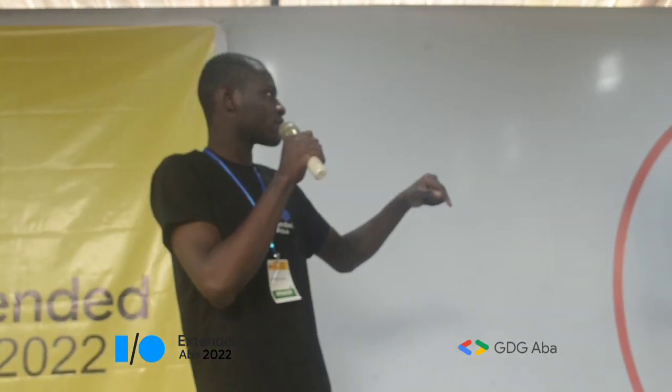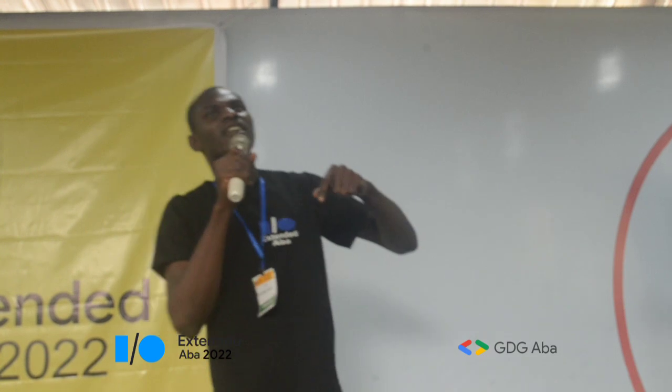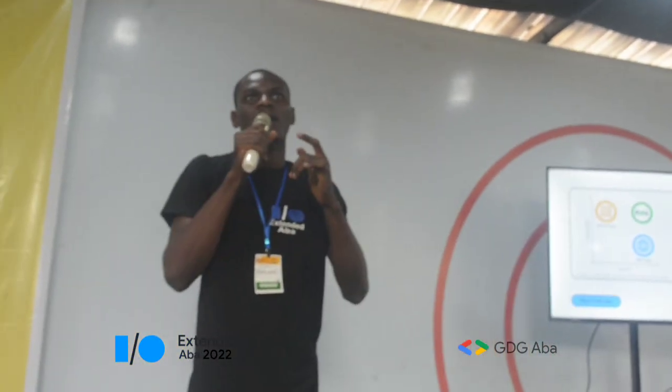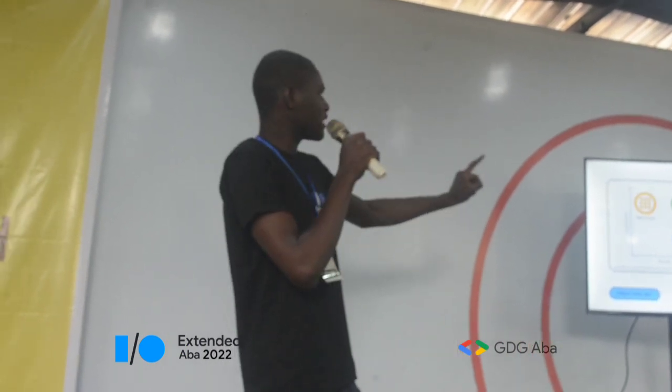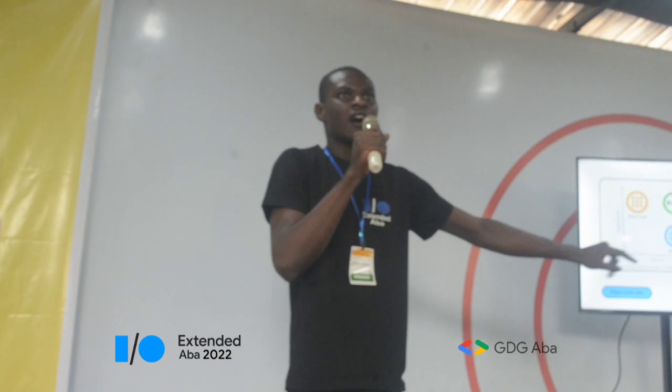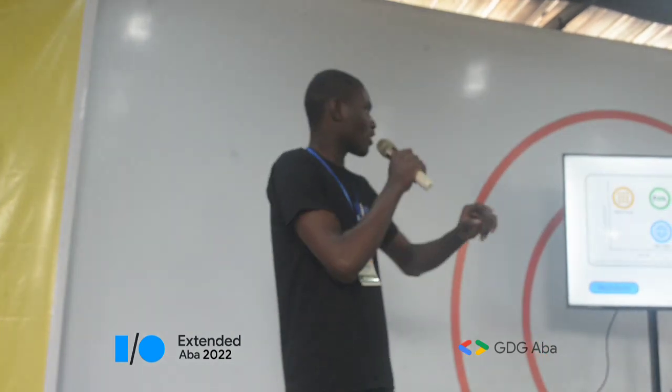When we get back to this chart, we see that the progressive web app is trying to balance the equation between a native app and a web app. It can reach everybody. Remember, it's a website built with web technology. You don't have to learn anything else to build progressive web apps.